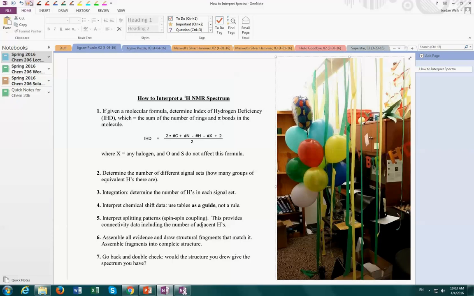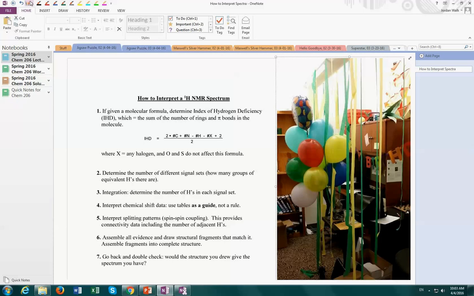We've already talked about electronegativity having a role, as well as the anisotropic effect, right? So the pi bonds do weird funky things with the way they align themselves, which changes the shifting as well. We talked about splitting, and splitting gives us really good information about what kind of protons we have on neighboring carbons. So again, really important pieces of info.